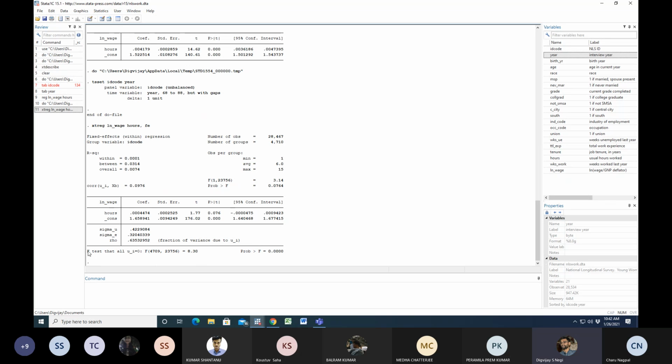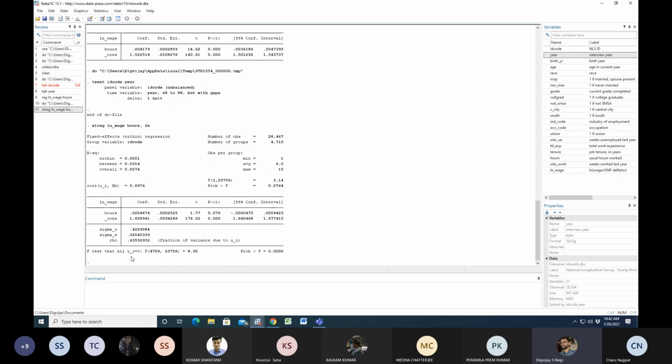So right at the bottom, it also reports an F stat. Basically, all the lambda i's that we have in these regressions, that we removed through fixed effects, do those lambda i's statistically significantly matter in this regression? Are they jointly statistically significant? This is what this F test does here.